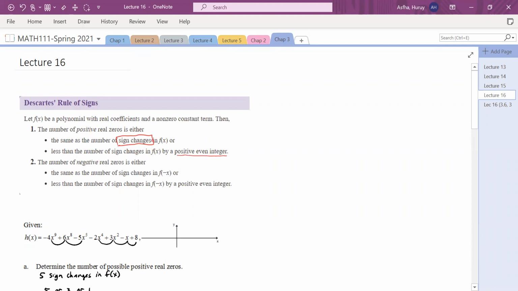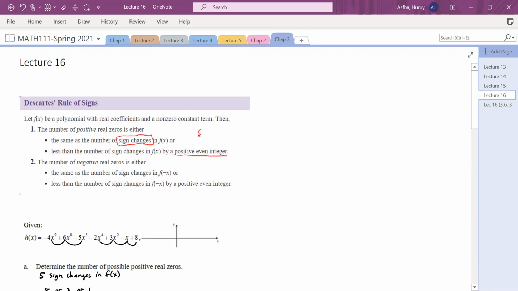For example, in this case, if the number of sign changes in f of x is 5, then the possible positive real zeros will be 5, or based on the second possibility, less than the number of sign changes by a positive even integer.